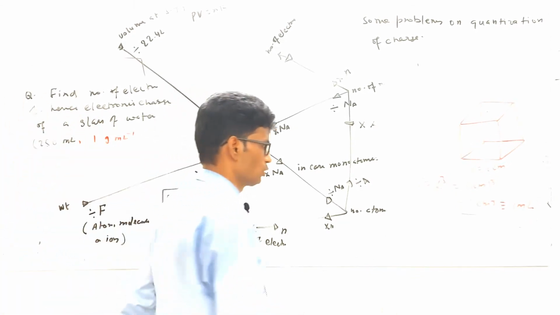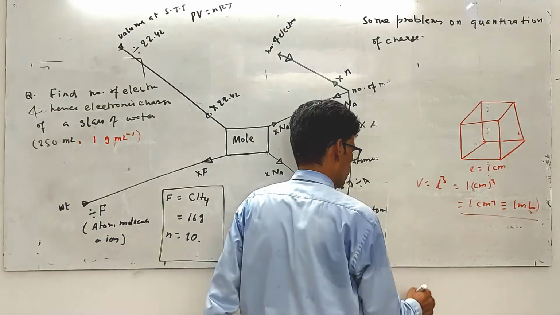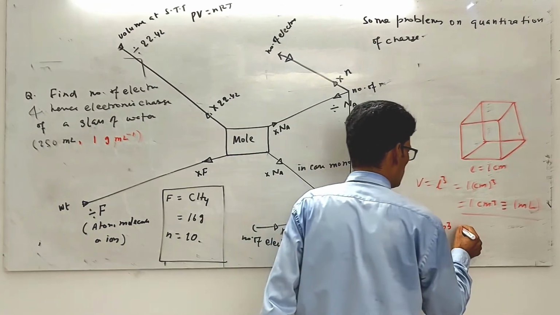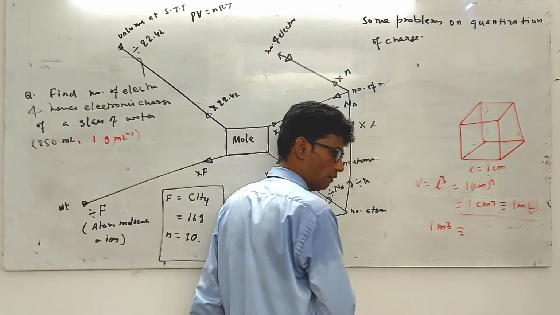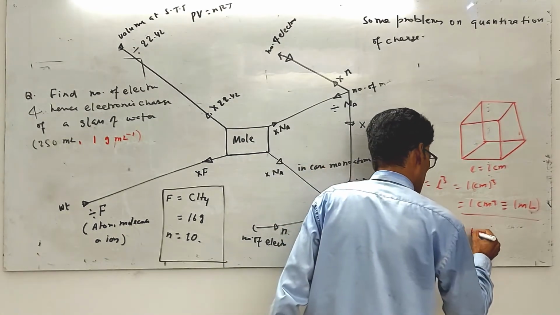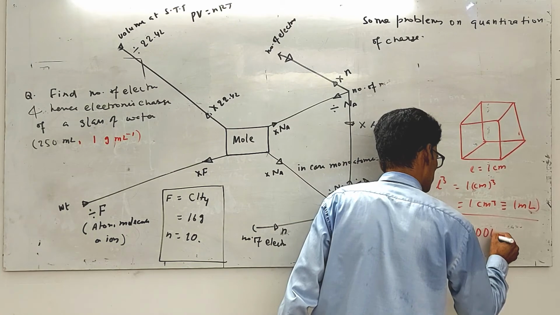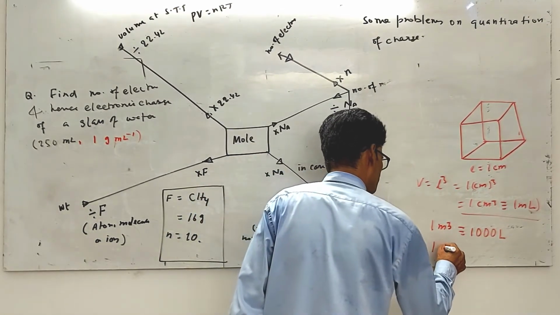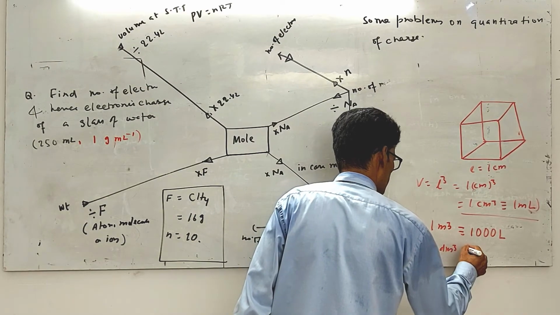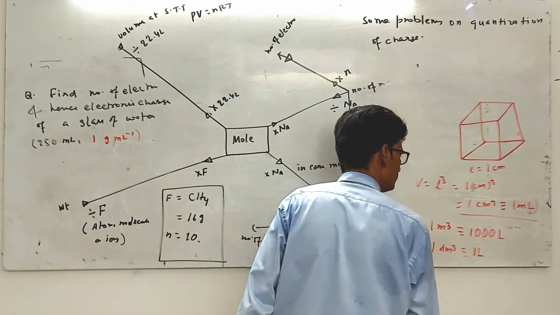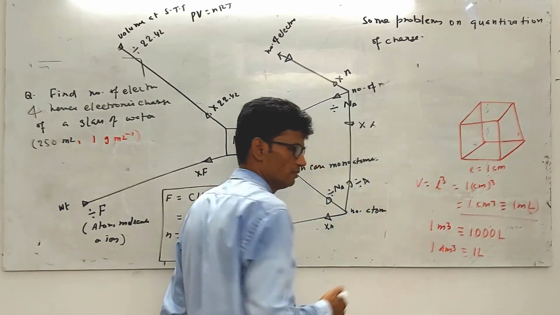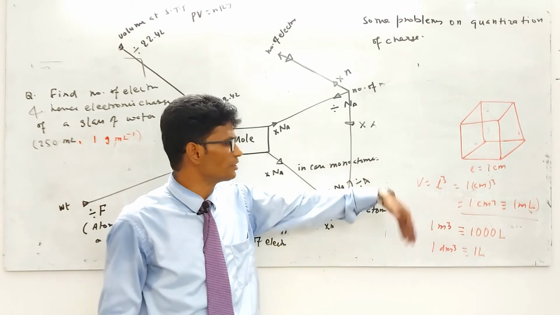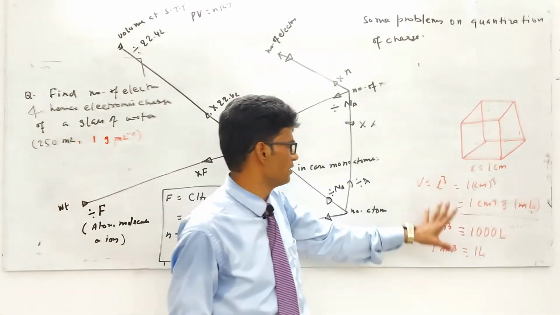By using this relation, we are able to find that 1 cubic meter is as good as, with a triple line here, not equal, 1000 liter. 1 decimetre cube is taken as 1 liter. So we are able to derive from here. You may derive it. If you are unable to derive, then write in the comment box. We will see in the next class.